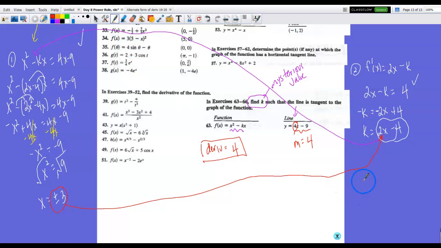So k is equal to, if I substitute positive 3, I'll get 6 minus 4, which is negative 2. And if I substitute negative 3, I'll get negative 6 minus 4, which is negative 10. And so those are the values of k that will make the parabola and the line tangent.